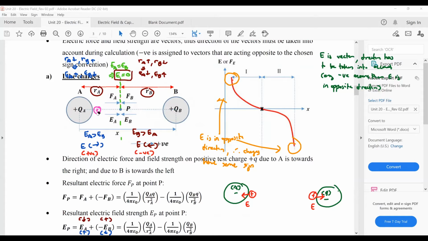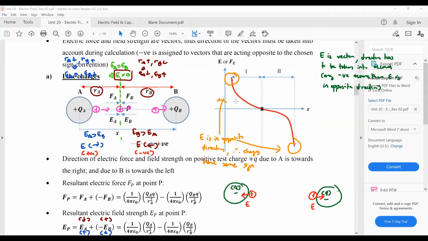Now, if I consider a positive test charge moving from here to here, then here to here, I'm interested in knowing whether it is speeding up, slowing down, or moving with constant velocity.